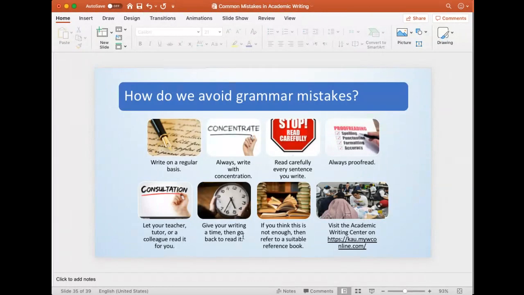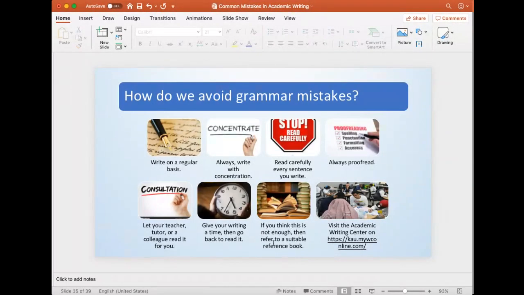Give your writing some time, then go back to read it. Once you have stopped your writing, pause for one day, for example, and come back to it and read it. Typically, you will read it with a clear mind, and you will notice if it's written in a correct way or not.